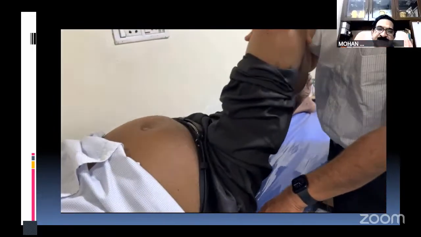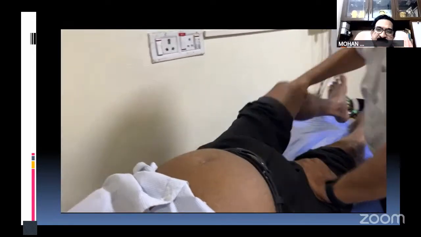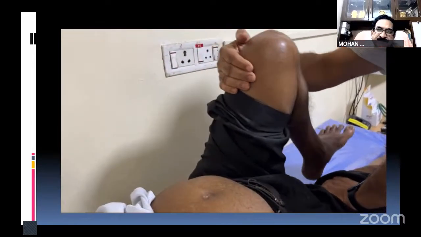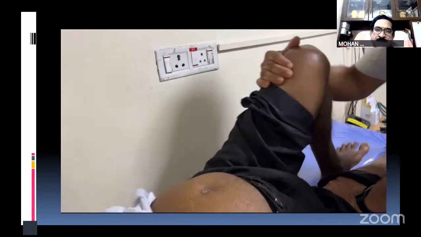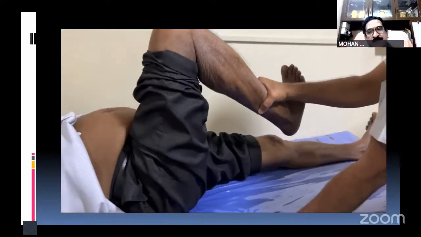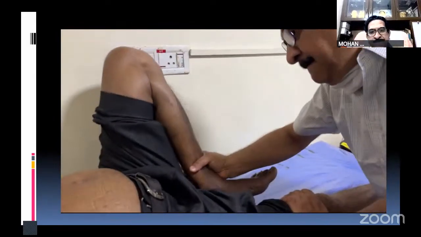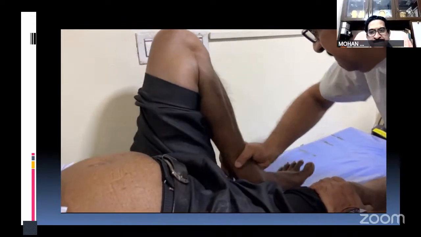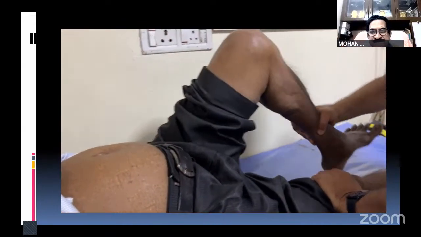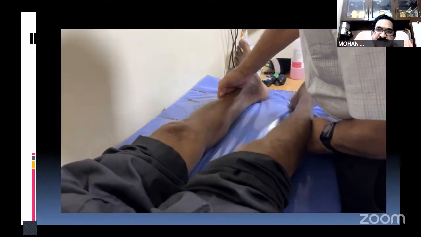On examination, weakness of hip flexors bilaterally, about 4 plus, a little more powerful on the left compared to the right. Knee extension about 4 plus. The hip abduction was normal.